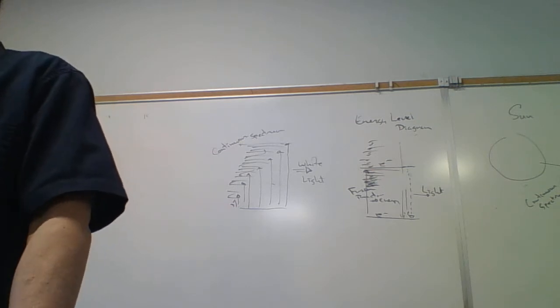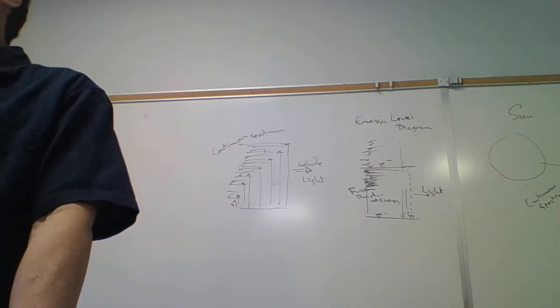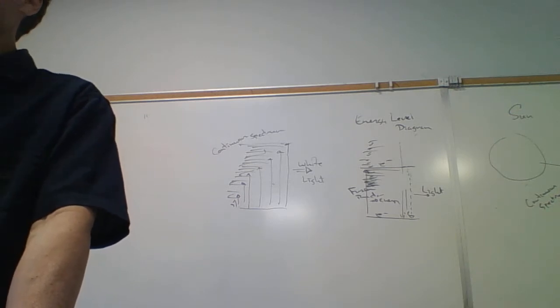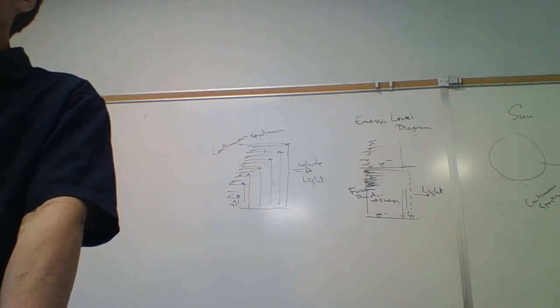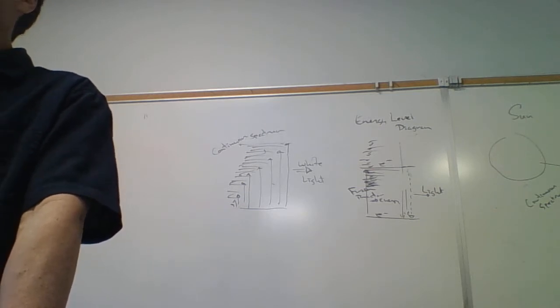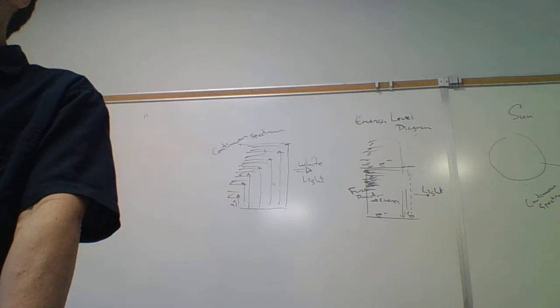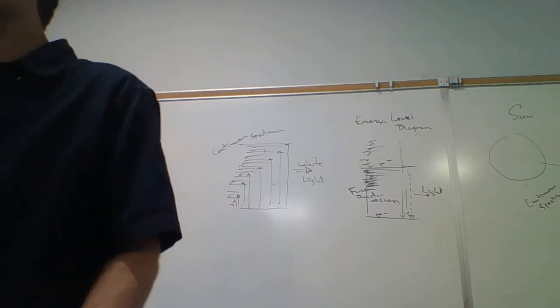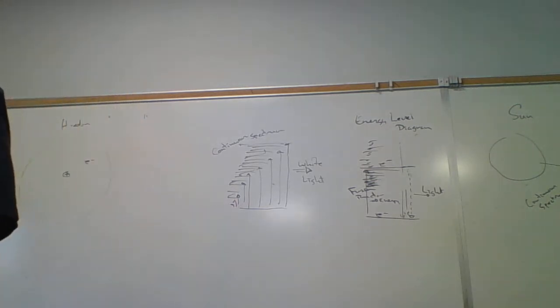Now, the thing about the electron is, can the electron go any speed it wants? So it could go slow or it could go fast. Are there any illegal speeds for the electron? What do you think? Well, 0 is illegal, yeah. Are there any other illegal speeds?